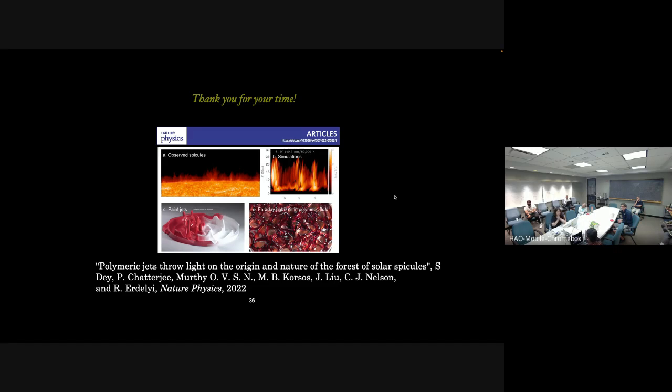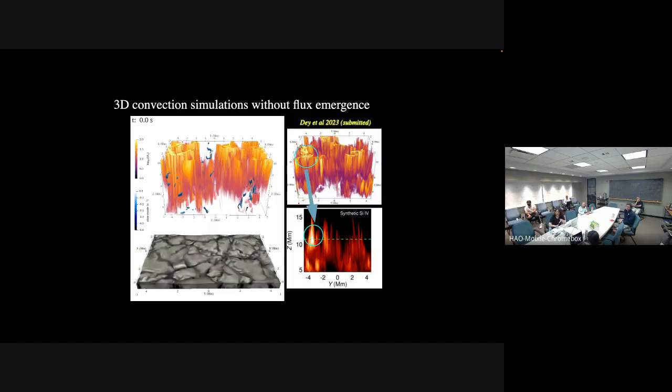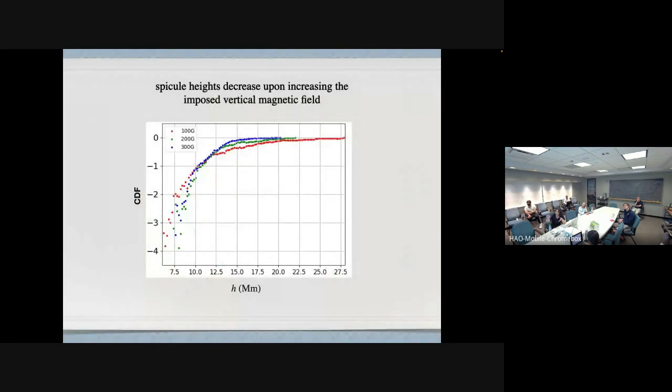That seems intuitive, because the ionosphere is stronger. But you seem to say in the earlier view graph that when the field strength increases, the jet height actually slightly seems to decrease. That seems to be counter to the earlier argument.